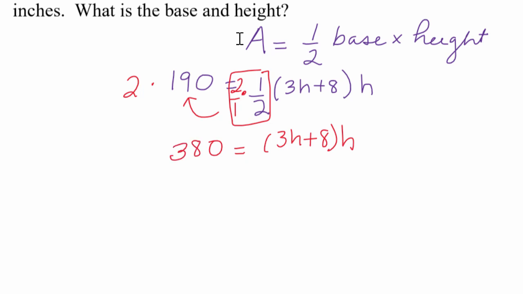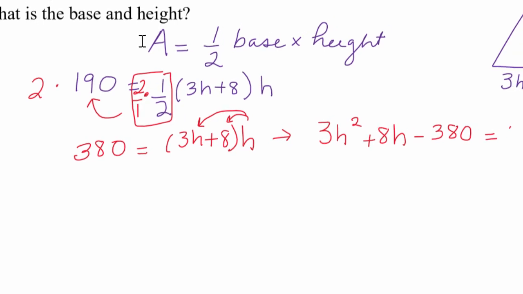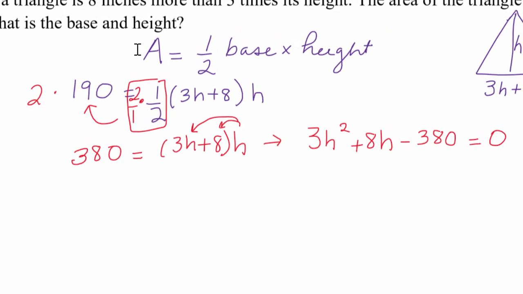Okay, but now I don't have a fraction, so I like that. Let's distribute the h. So 3h squared plus 8h, and then I'm going to subtract that 380 equals 0.